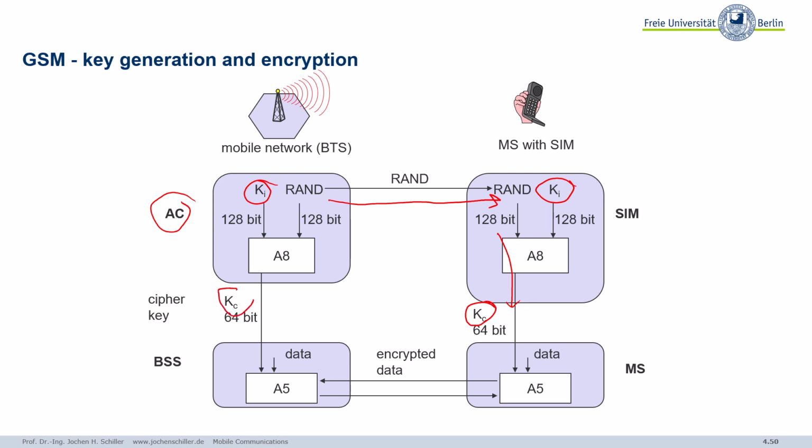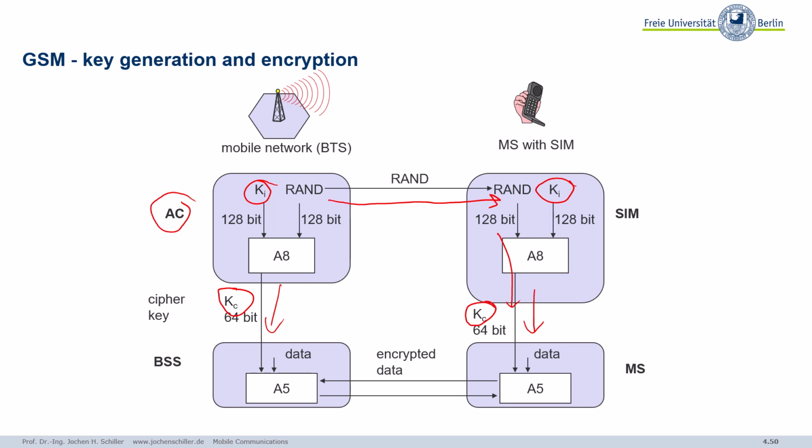The same is done in the authentication center, and then we send this cipher key to the base station subsystem, and inside the mobile phone, the SIM sends this key to the mobile station. You see the clear separation of SIM and mobile station. The SIM is put into the mobile station, but it's a separate device with its own operating system, memory, processor, etc. So now the base station subsystem, BTS, BSC, has the key, but also the MS.